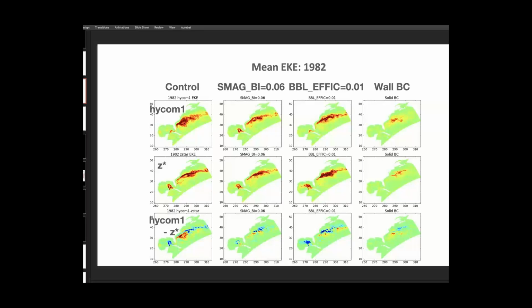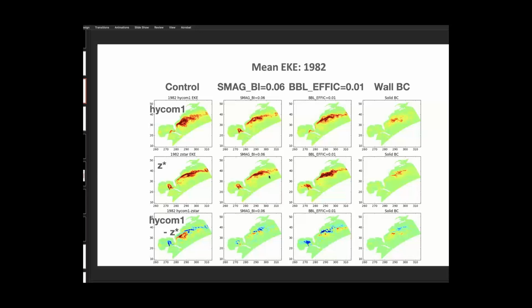This goes back to that comment and that early slide from Bob saying that really the origins of MOM6 is in the climate world. To run this at high resolution, we will have to learn how to do that, and there isn't a lot of experience with that out there in the MOM6 community. So here are some examples where you are looking at mean eddy kinetic energy over a year, and you're looking at different vertical coordinates. Here's the difference between them.